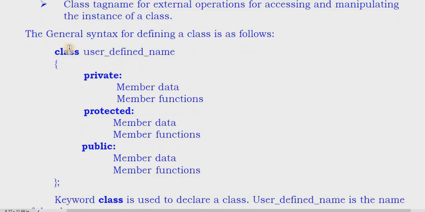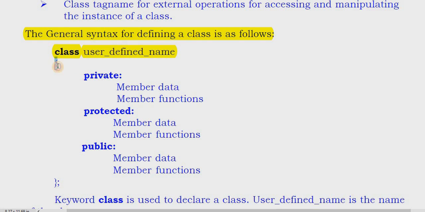Okay, then here how to create a class. The general syntax means rules. The general syntax for creating a class is, so to create a class there are some rules. So by following those rules we have to create a class. So here class. So first for creating class we have to write CLASS in small letters, class. So this is a keyword. Then we have to write user name, user defined name. So user defined name means any name. Depending upon your choice, you can give any name here, X, Y, Z, whatever.